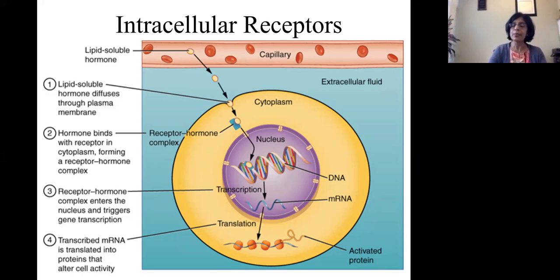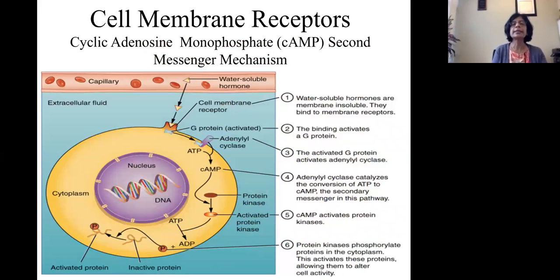Now we will turn around and look at a different type of scenario. That is, you have a water-soluble hormone, and it has to have receptors on the cell membrane.